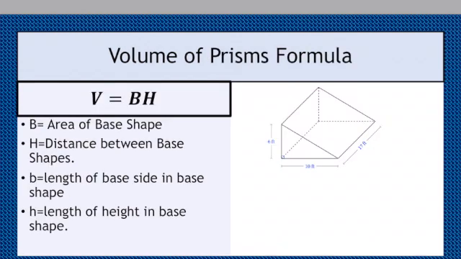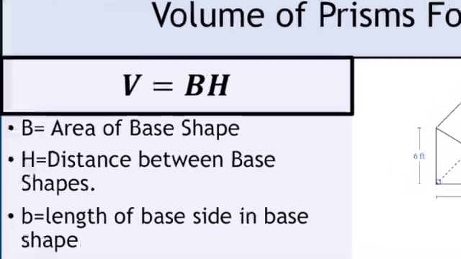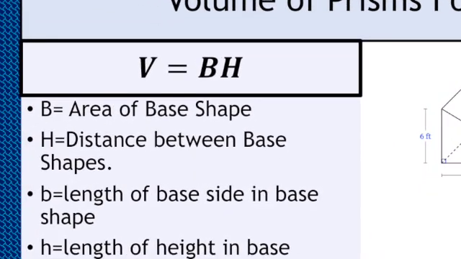Okay, so the volume of a prism has a specific formula that, although it looks like it's made up of just two components, it's made up of a little bit more. So if you notice, the volume says it's B times H. What the B actually means is the area of the base shape.